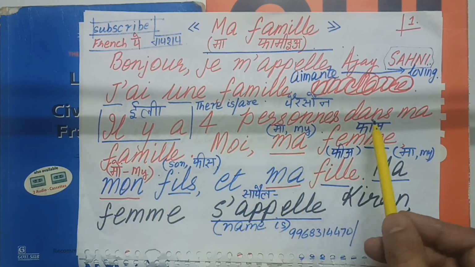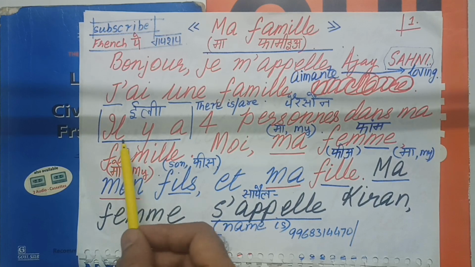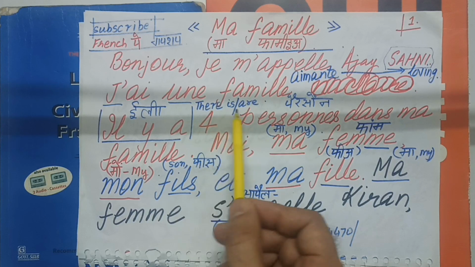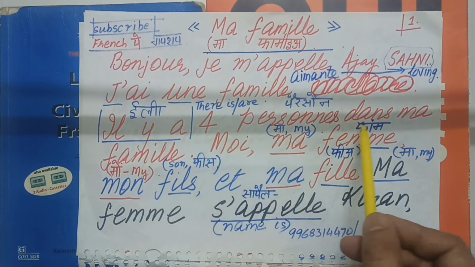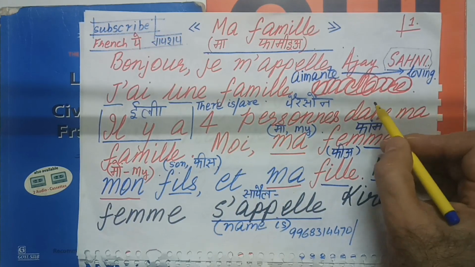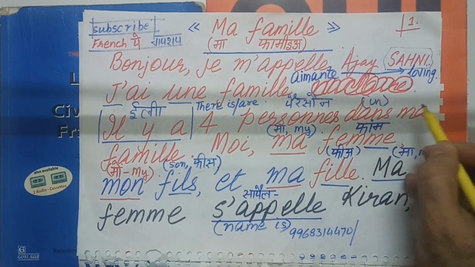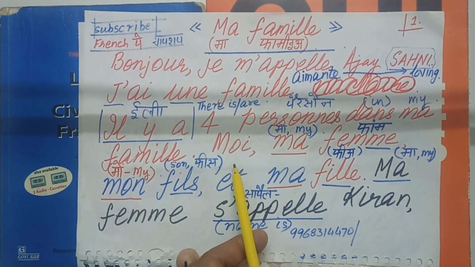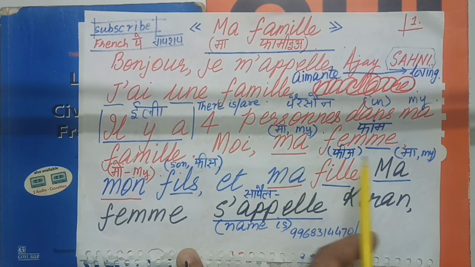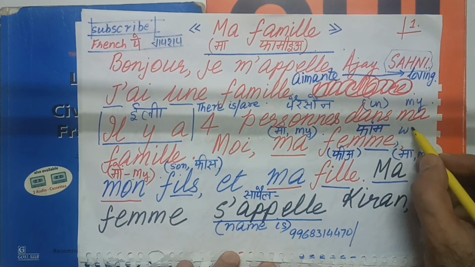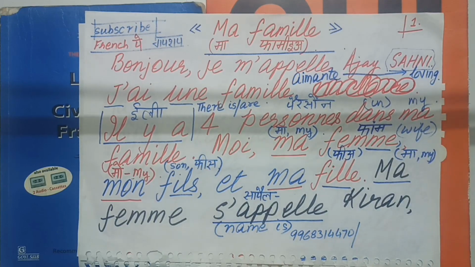Il y a 4 personnes dans ma famille. Il y a. That's a new expression. That means there are. 4 personnes dans ma famille. 4 members or persons dans ma famille, family. Moi, myself, ma femme is wife. I call my wife as government.